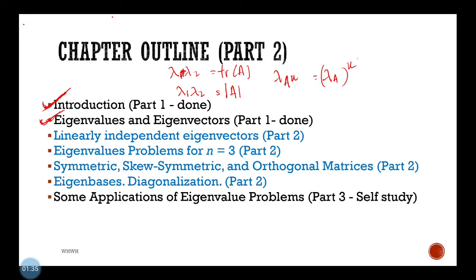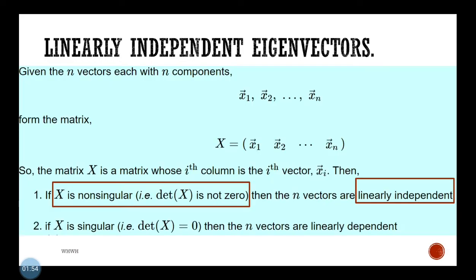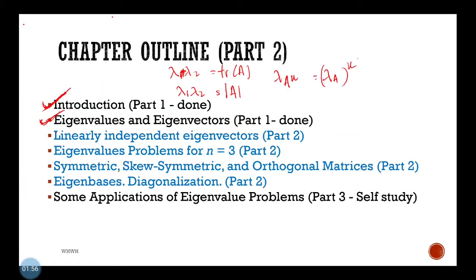So for today, I think the learning outcome is that we are going to continue discussing the properties. In part 1 we stopped at property number 9, so now we will continue with the remaining properties.